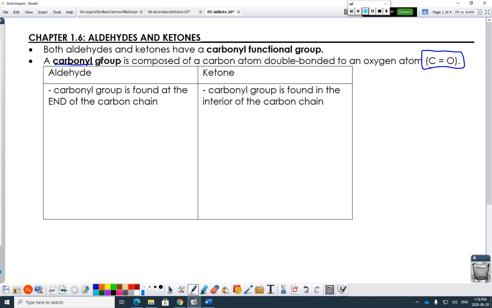If it's an aldehyde, it's found at the end of the chain, however long your chain is, versus a ketone where it's found somewhere in the interior, or not at the end.